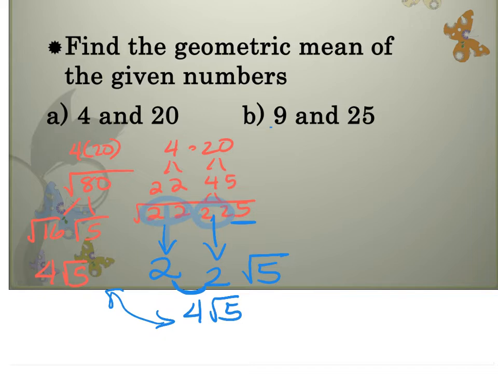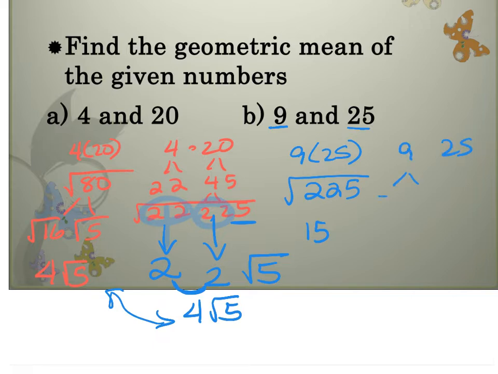Over here, you can choose, again, to multiply 9 and 25, get 225, square root that. For those of you who have memorized your perfect squares up to 20, this is actually 15 times 15. For those of you who haven't, again, leave it apart.